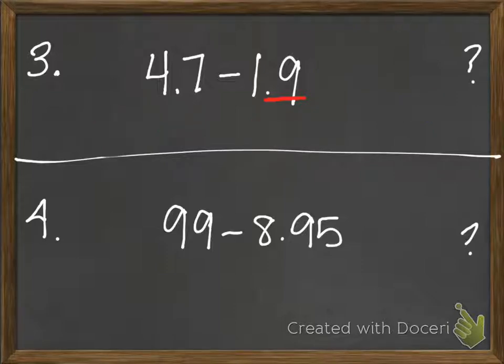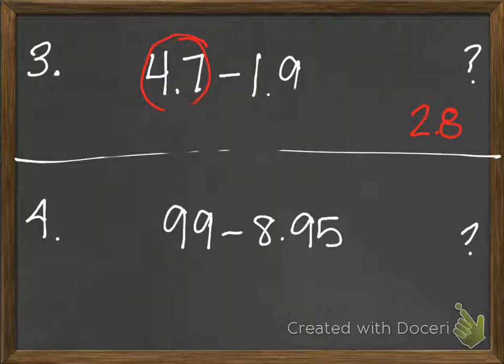The answer is still 2.8, but what I'm going to do is borrow a 10th from this 9, and put it towards this 4.7. So I'm going to make this a 4.8 minus 1.8. Okay, so bear with me. I'm having blonde moments during this. So I'm going to go back over it with you.